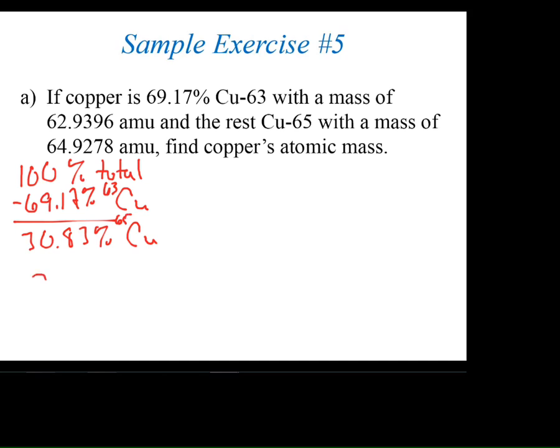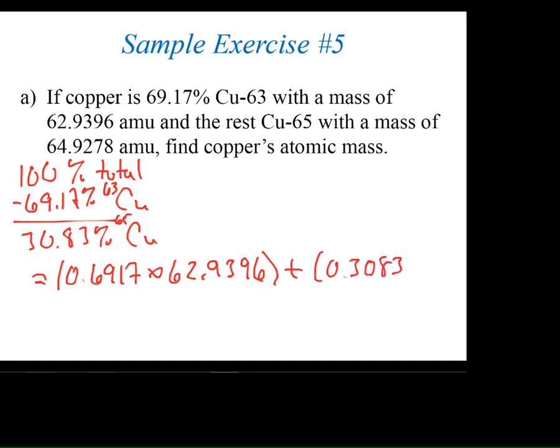Okay, so let's just do it out. Let's take 69.17%, but I'll turn it into decimal form. So 0.6917 times the mass of copper-63, which was 62.9396 amu, plus copper-65, which was now 30.83%, so 0.3083 times its mass, which was 64.9278 amu.